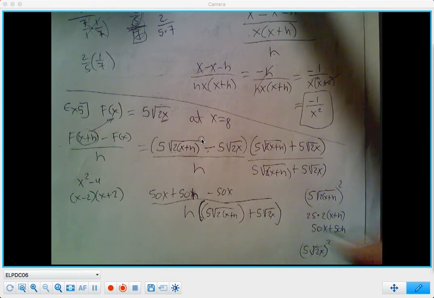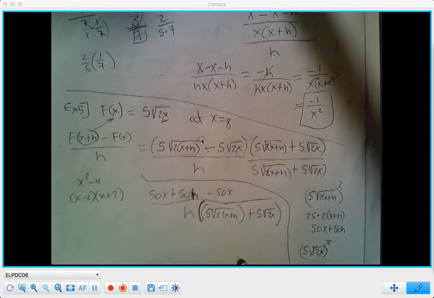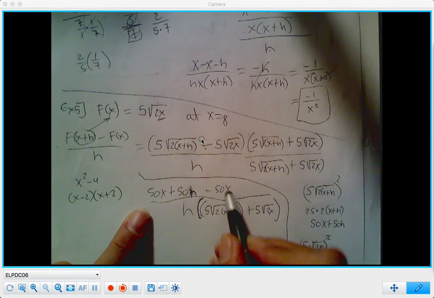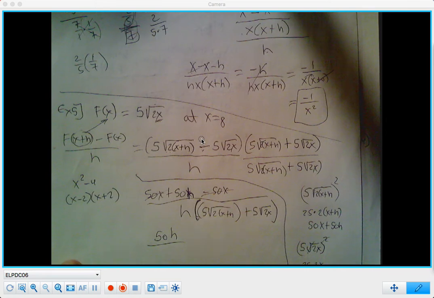Okay? So just so we don't get confused, I'm gonna put this line here. Okay, look, simplifying, negative 50x, 50x, so now I have 50h, and then on the bottom, I have h, and then I have this whole thing, 5 square root of 2 times x plus h plus 5 square root of 2x.